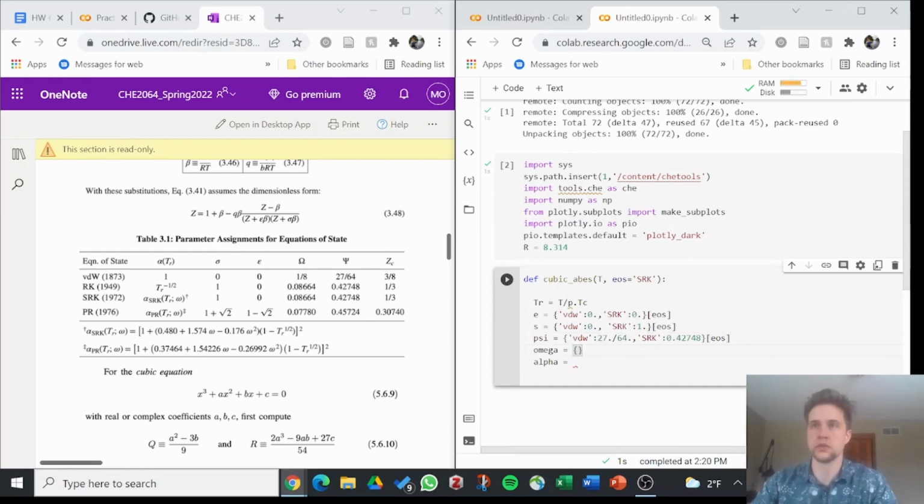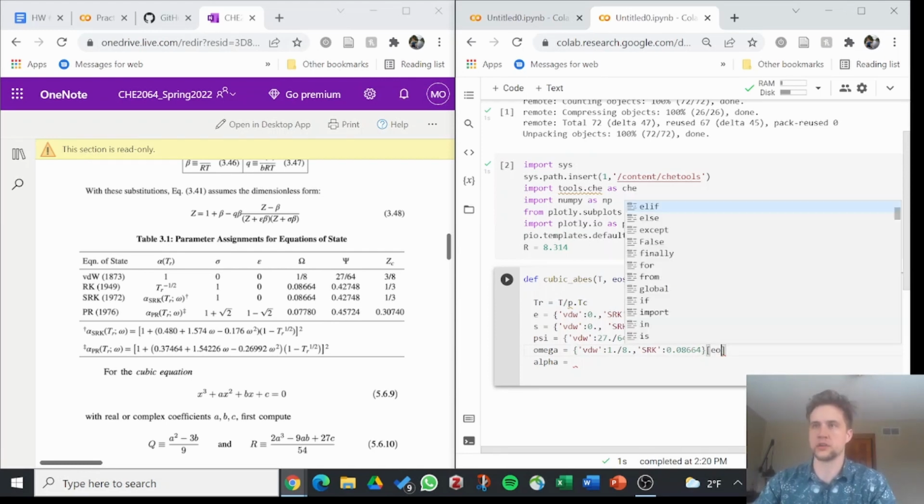Omega, what is omega? Starting with van der Waals, omega is 1/8. Now for SRK, omega is 0.08664.